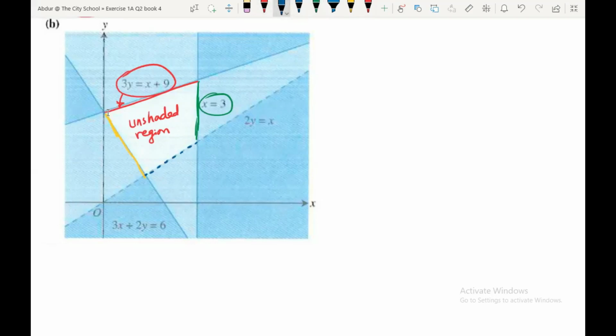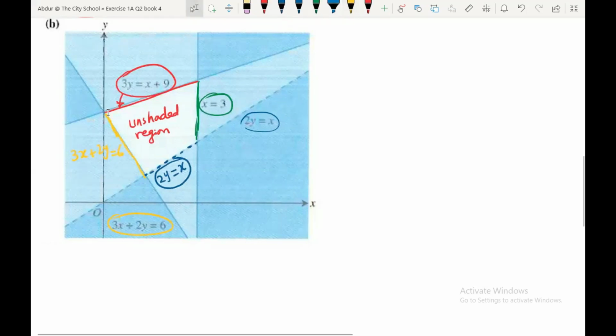This is 2y equal to x. So I'm going to write 2y equals x as the equation of this dotted line. And 3x plus 2y equal to 6 is the equation of this yellow line. So I'm going to copy this 3x plus 2y equal to 6.